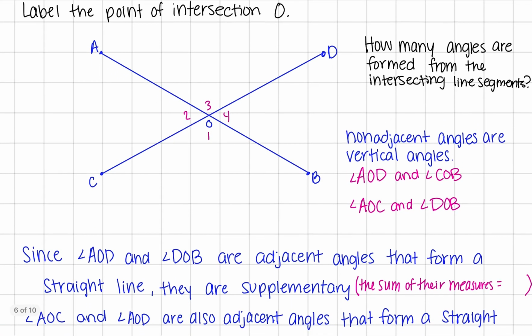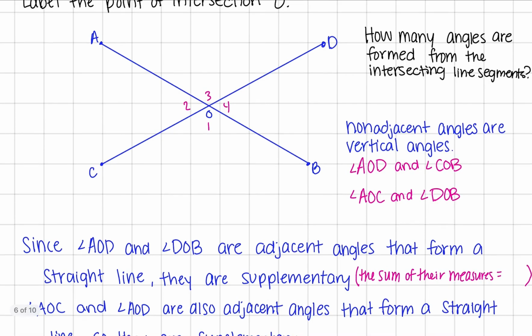Now, since AOD and DOB are adjacent angles that form a straight line, they are supplementary, which means that the sum of their angle measures equals 180 degrees.